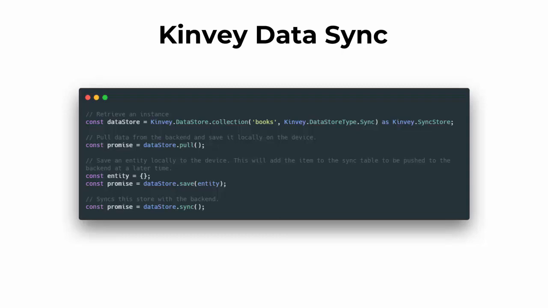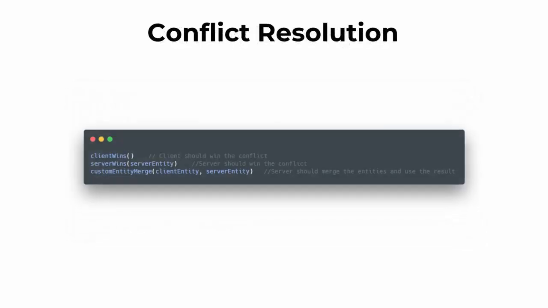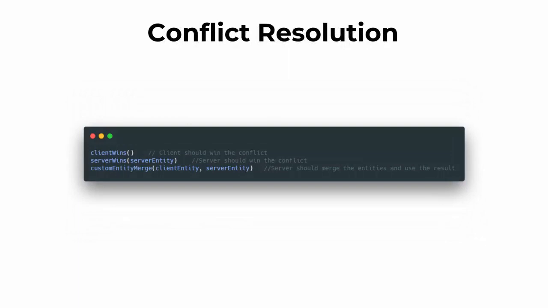I bring this up here because Kinvey also provides for encryption of the data on the device. And as I just mentioned, conflict resolution is baked in, as Kinvey is flexible enough to allow you to determine how potential data sync conflicts are resolved.